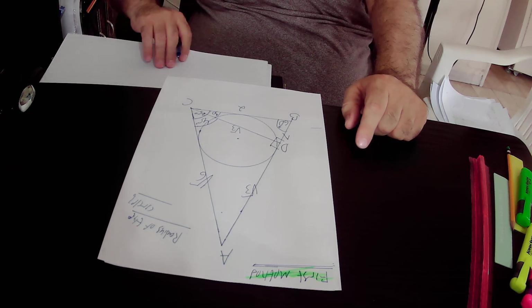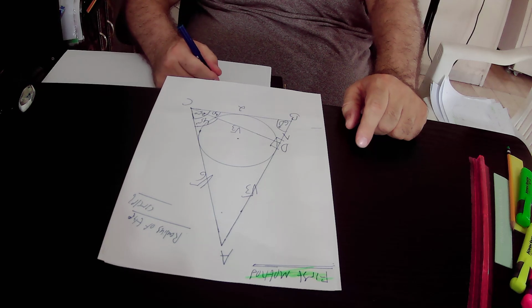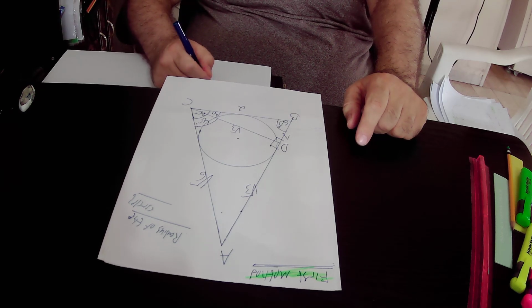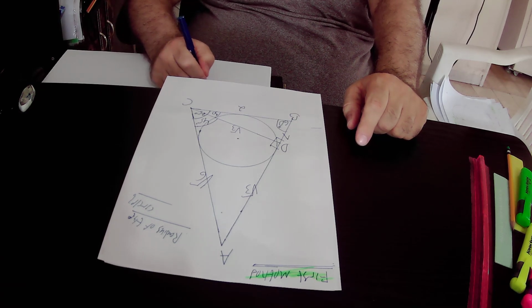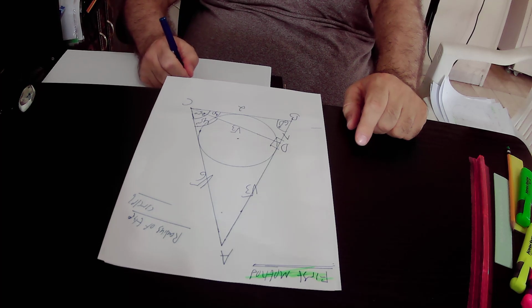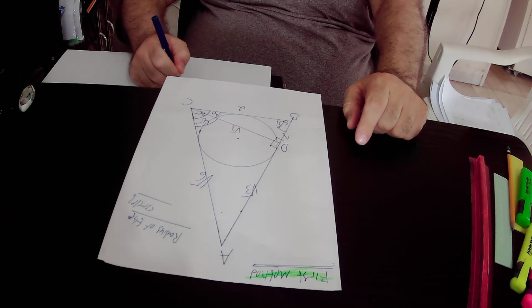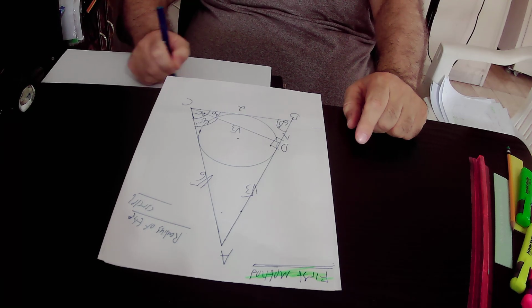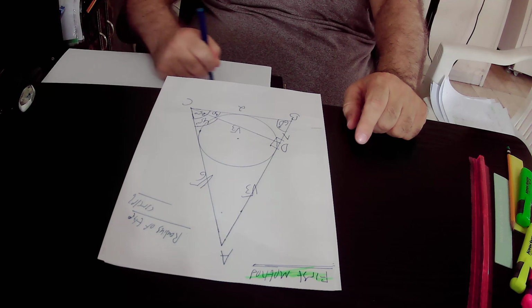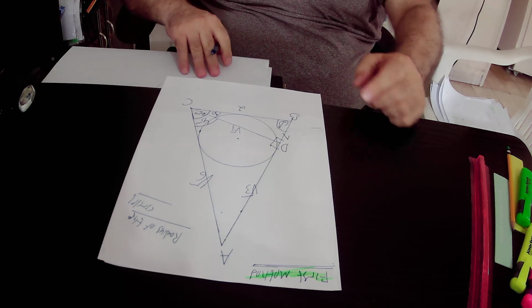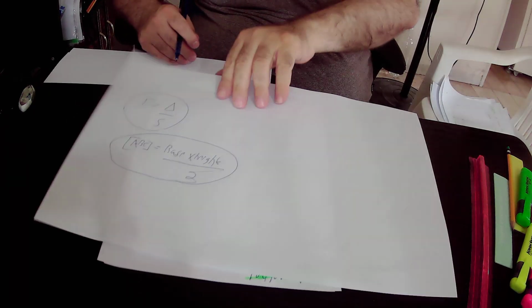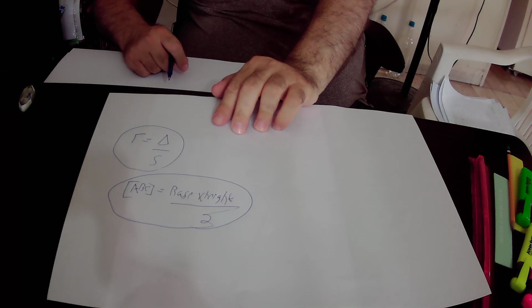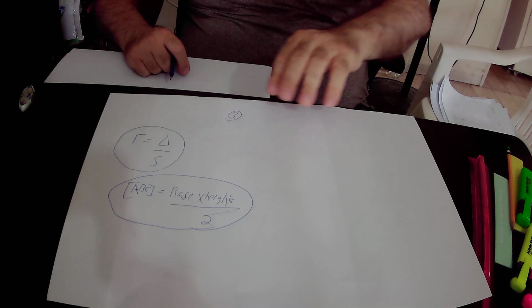Actually, the area of any triangle is equal to the base of the triangle times the height to the base over 2. Repeat again, the area of any triangle equals the base of the triangle times the height to the base over 2.